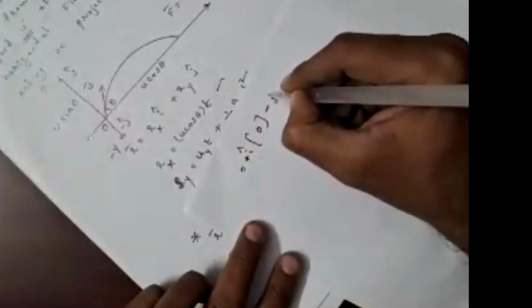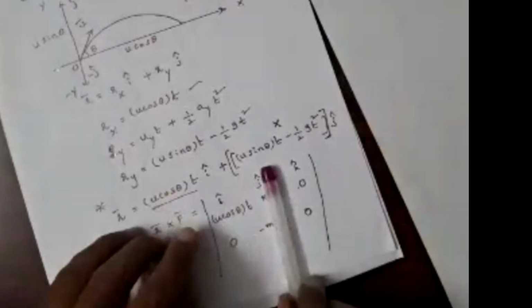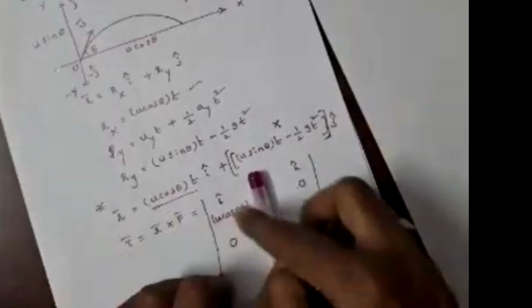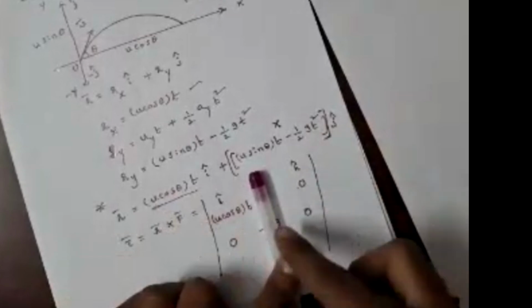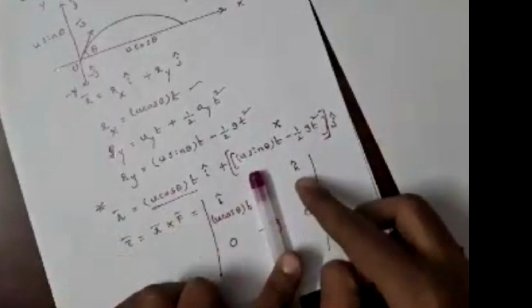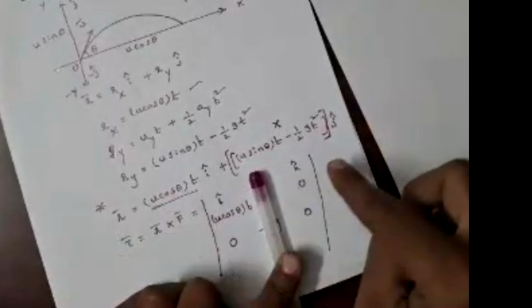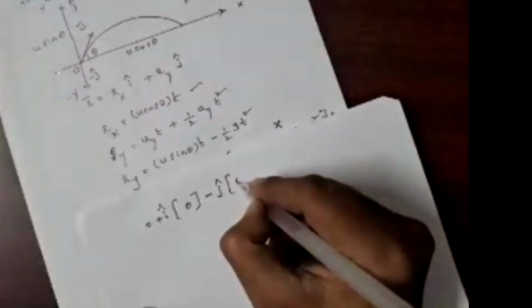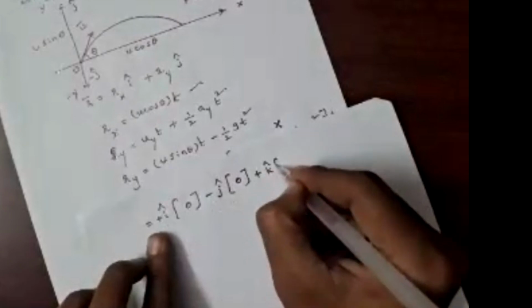Alternatively, change the sign: minus j cap. Now close the j cap. If you close the j cap, again cross multiplication: u cos theta into 0, 0. 0 into 0, 0. Again j cap also 0. Change the sign, one time plus, minus, again plus. Need to keep k cap.